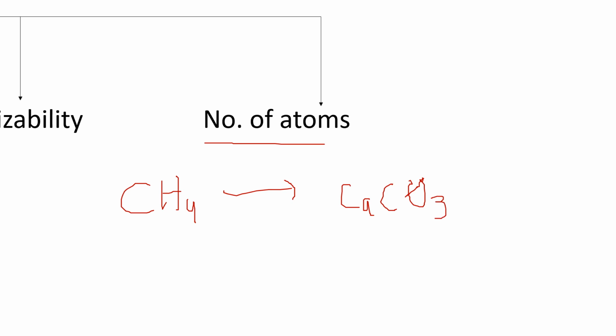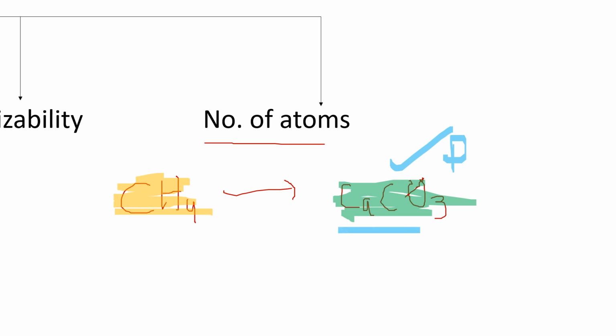Now basically these are not non-polar, but just for an example. Have a look, which one is larger in size? Of course, CaCO3 is of larger size because there are more electrons. There are more atoms present in it. That's the thing. Now here in CaCO3, there would be more polarizability because there are more electrons.